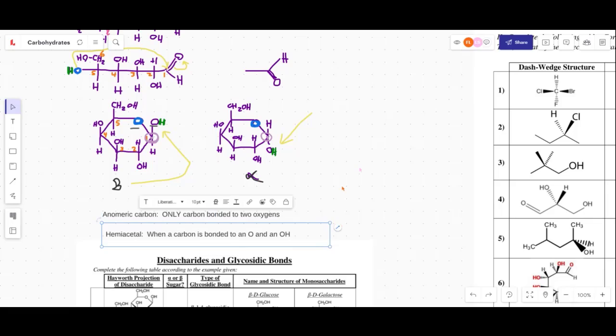So it's bonded to just an oxygen by itself and an OH. For example, what we have here is a hemiacetal because that carbon, the anomeric carbon, is bonded to an OH, but it also is connected to an oxygen which doesn't have an H. That's called a hemiacetal. If something has a hemiacetal, it is a reducing sugar. All monosaccharides are basically reducing sugars.